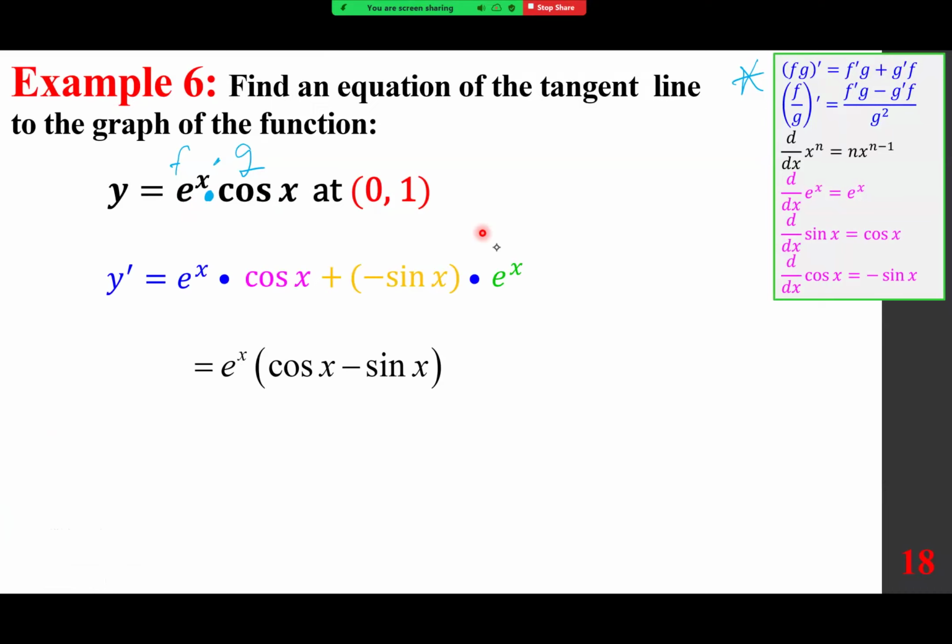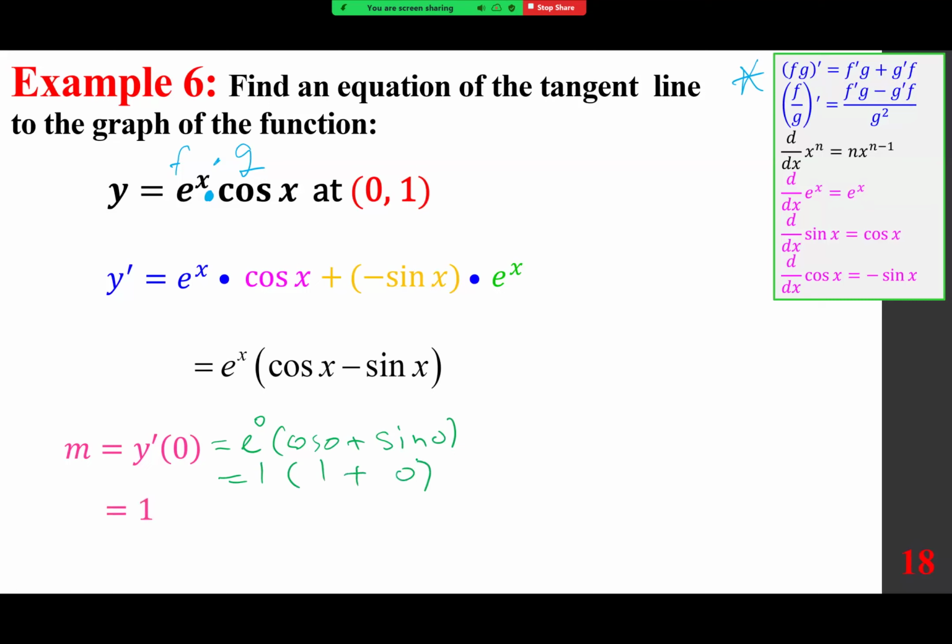And to find the slope, we have to evaluate it at the x coordinate 0, which makes it e to the power of 0 times cosine of 0 plus sine of 0. E to the power of 0 is 1, cosine of 0 is 1, sine of 0 is 0, and it makes it 1.